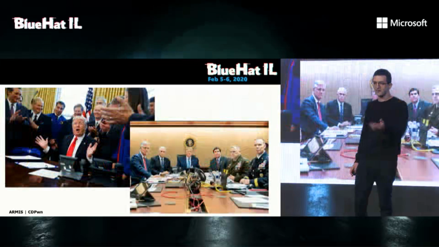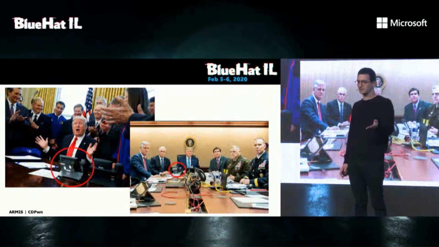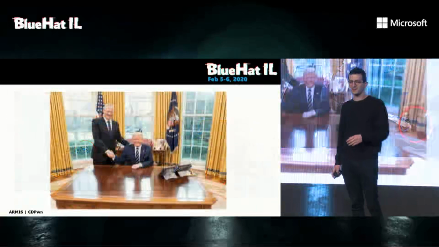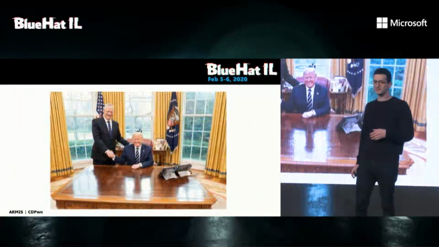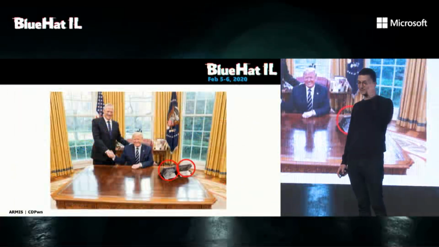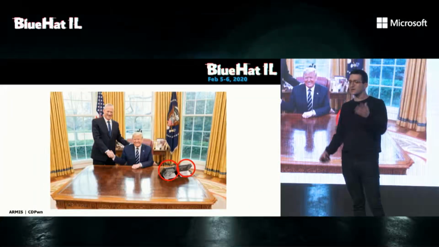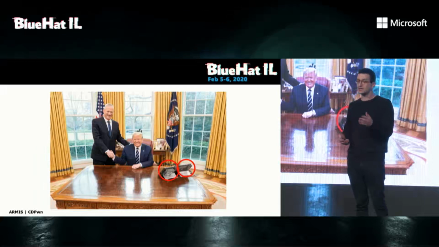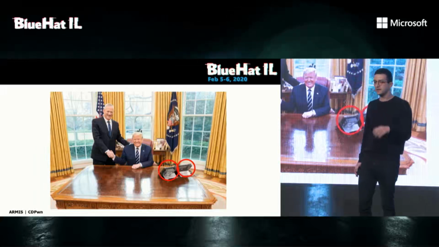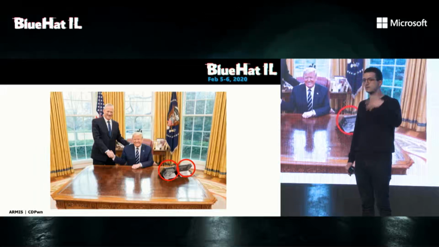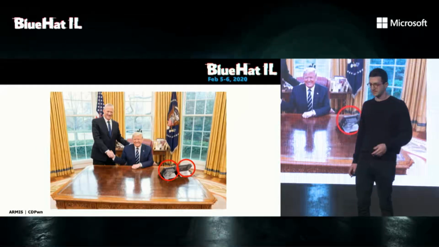The White House, you can find them in the Situation Room, on the Resolute desk, throughout the White House. And even when certain Israeli politicians come to visit, they are being listened to by 2 separate IP phones. So they are really prevalent, but actually they are not the reason that we started this research. They were something that we found once we started looking and continued the research to other places.